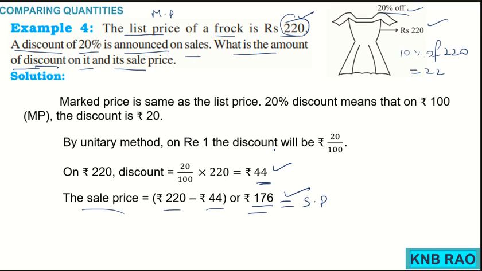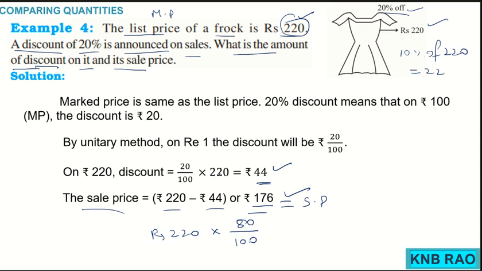Now children, can it be solved in some other way? Definitely, using decrease percentage. I explained the concept of decrease percentage. How would I do it? Watch it. This rupees 220 is getting decreased by 20%. That means I will multiply this quantity with the proper fraction, that is 80 upon 100. Why?